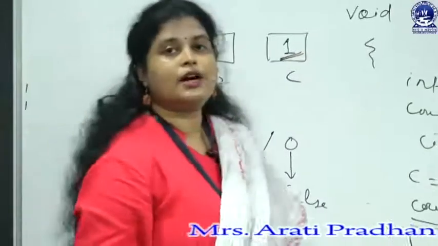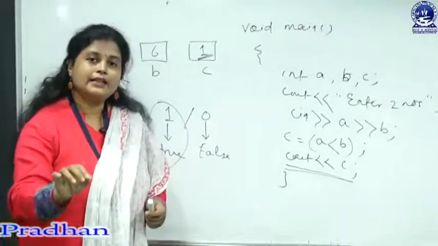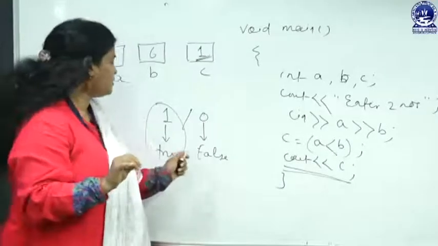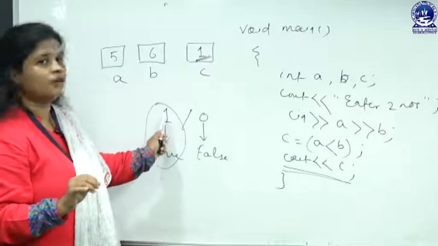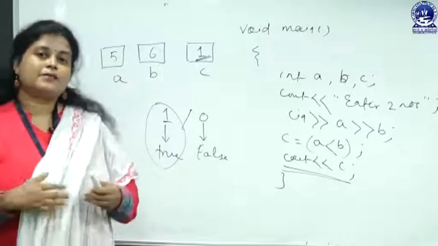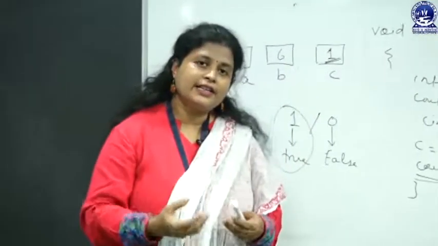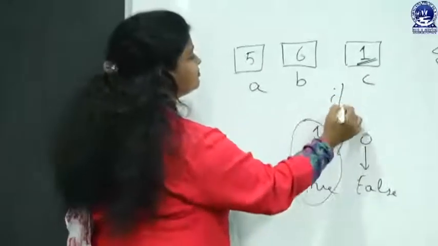I hope you have understood what is the difference between 0 and 1. In any relational operator, the output will be either true or false. It means that you will get the output either 1 or 0. Actually, to explain relational operator in a very easy manner, we should use if condition.